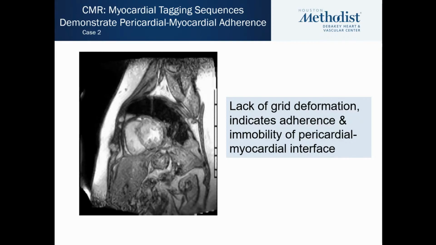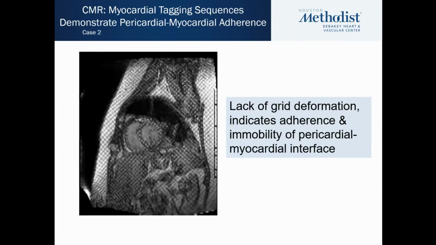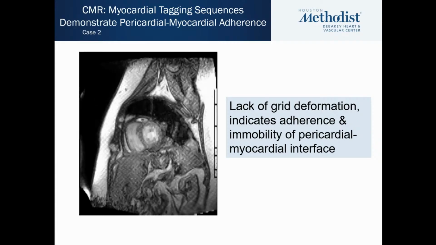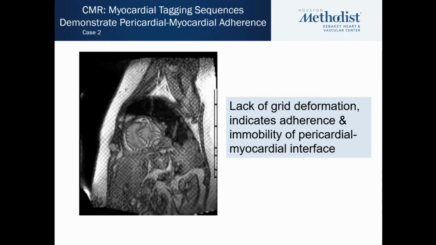We all have up to 50 cc's. So these two structures move freely and independently of each other. When they're inflamed, the myocardium and pericardium adhere to each other, and you lose that slippage or mobility between the two. And with these tagging lines, you can actually see the immobility of those two structures.